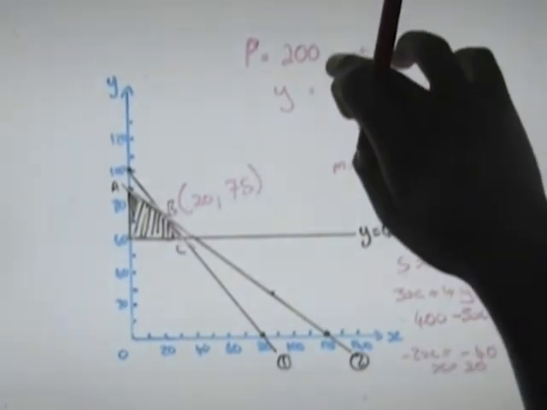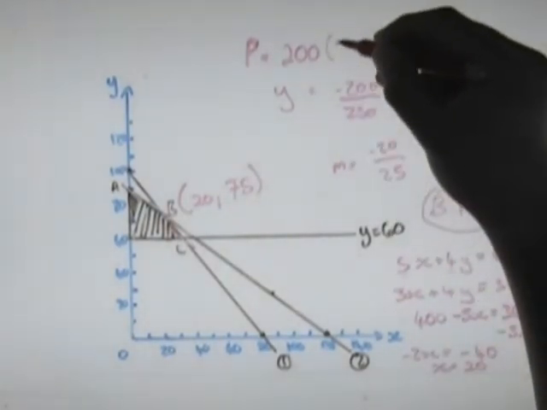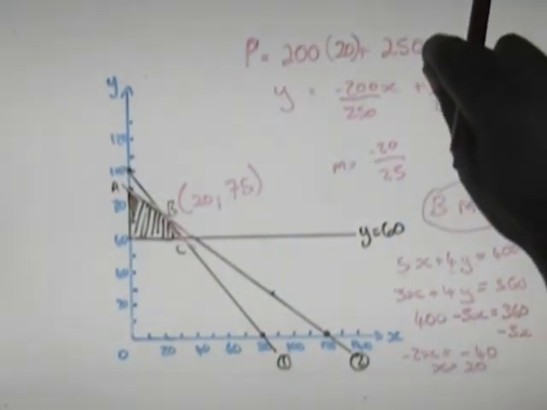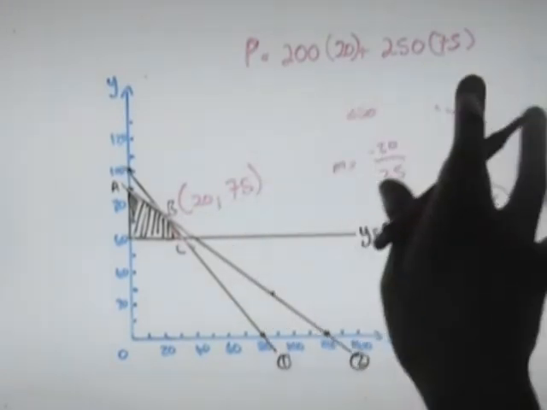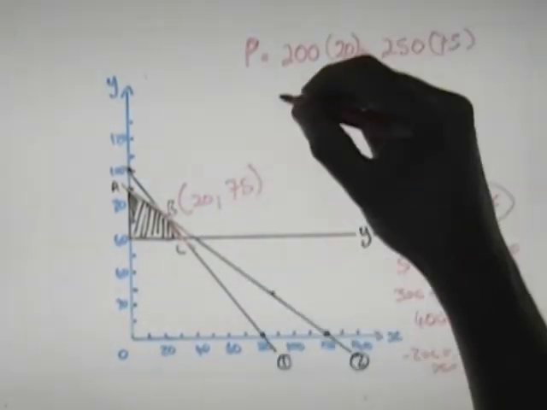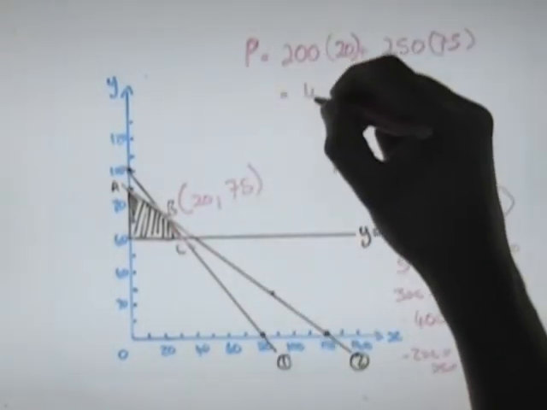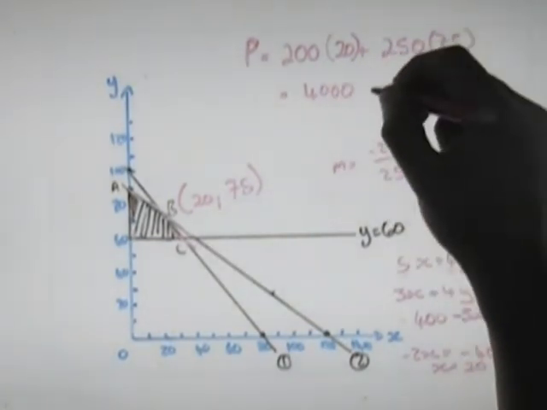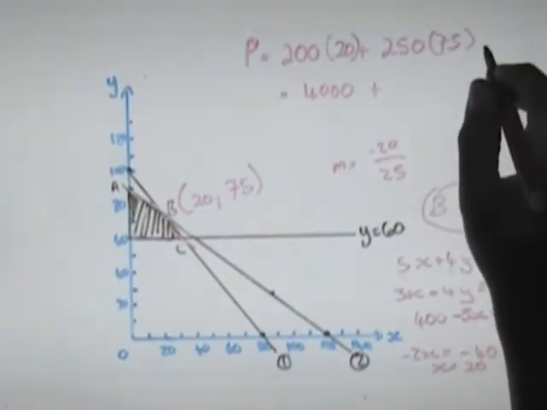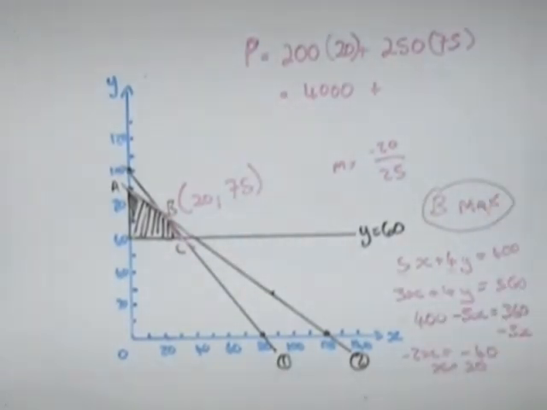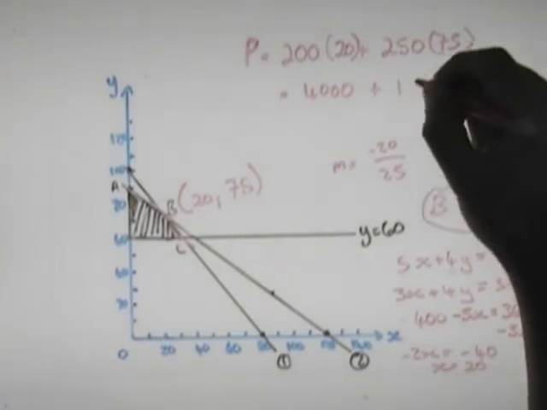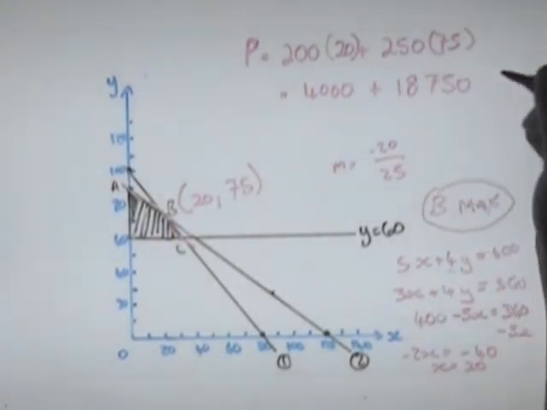If I substitute that in to work out my maximum profit, x is equal to 20, y is equal to 75. That's going to give me an answer of 20 times 200 is 4,000 plus 250 multiplied by 75, which I'm going to have to work out on a calculator. 250 multiplied by 75 is equal to 18,750.